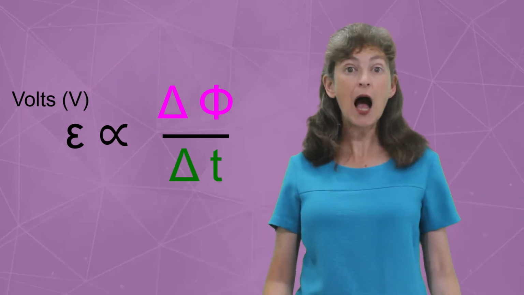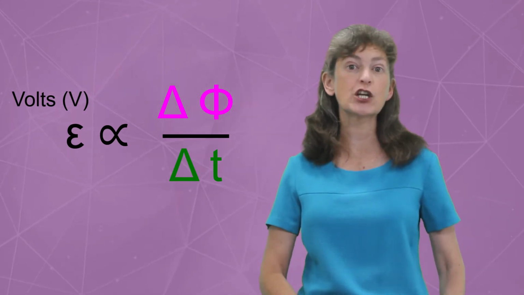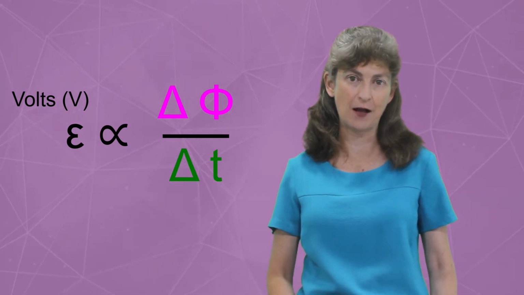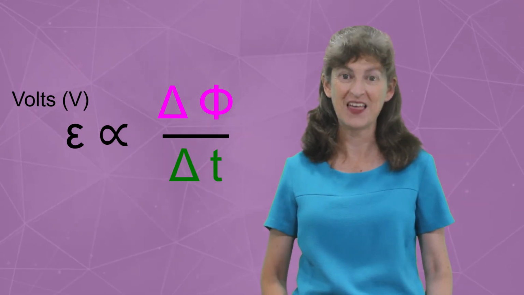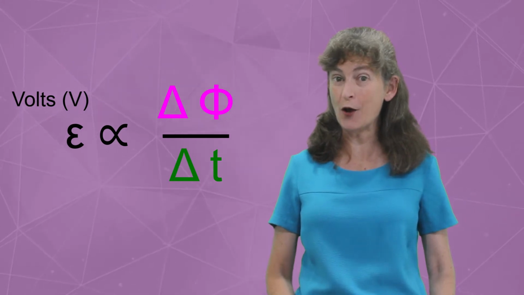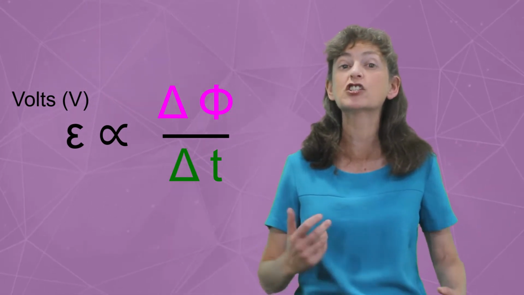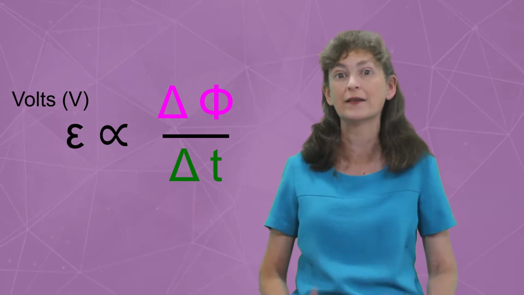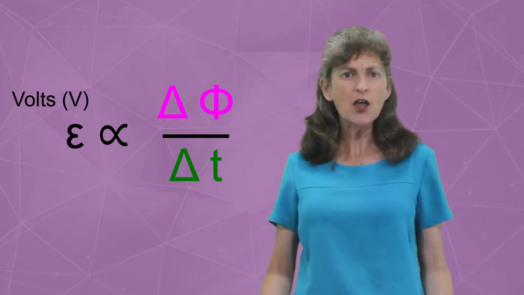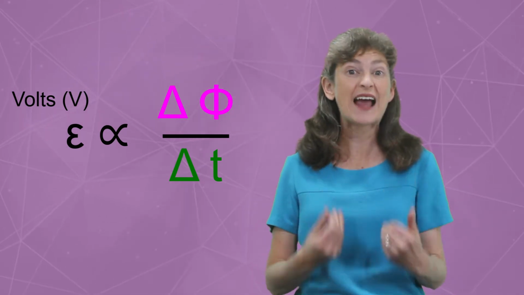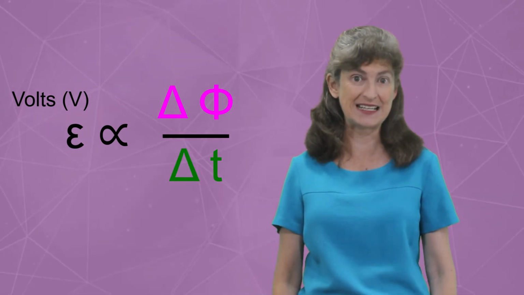If we know the time taken to make that change, we can calculate the rate of change of magnetic flux linkage. From Faraday's law, we know that that is directly proportional to the EMF generated across the ends of the coil. How do we change the proportional relationship to an equality so that we can actually calculate the induced EMF?